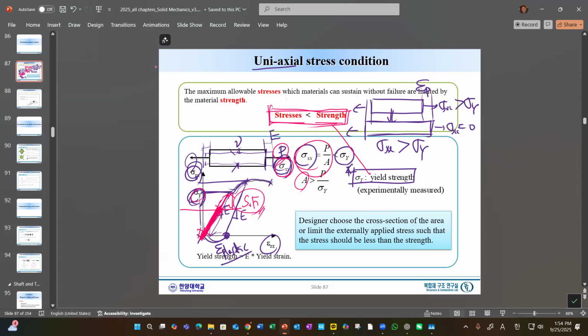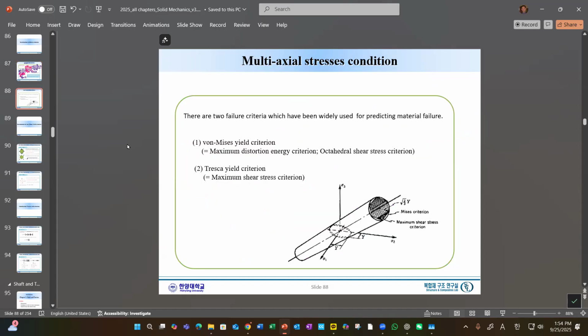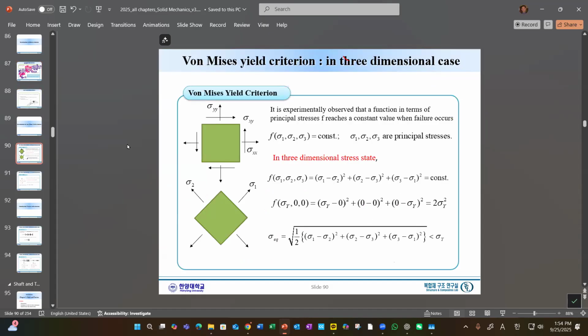Strength here is the yield strength, and stress will be simply calculated if this is a one-dimension case, 1D, like this. Okay. But now a question arises easily: what will happen if we have not only sigma xx, but we also have a sigma yy, and we also have a sigma xy?